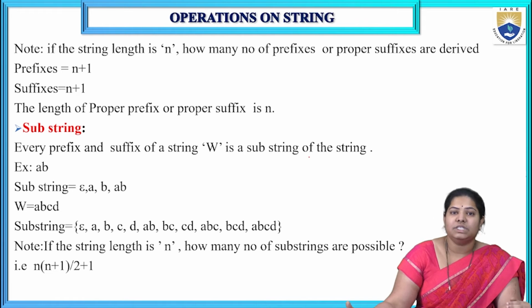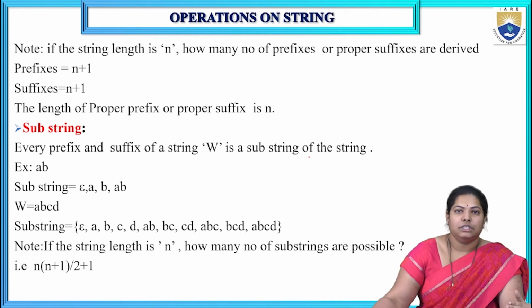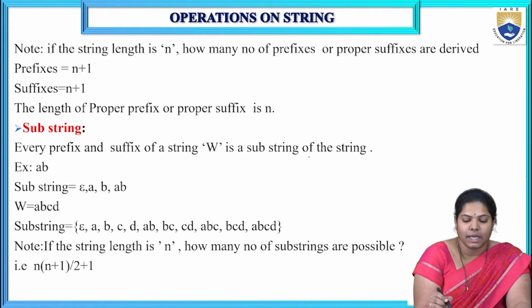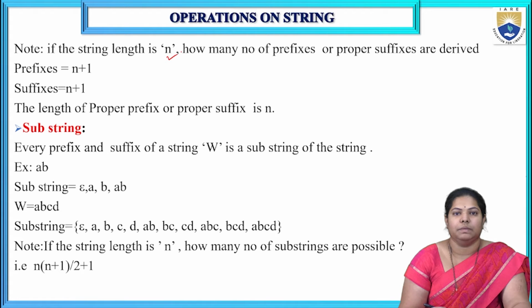But if the given string length is infinite, how can we find how many prefixes, suffixes, proper prefixes or proper suffixes will be derived? Here I have given an example where the string length is n, which can be any length.